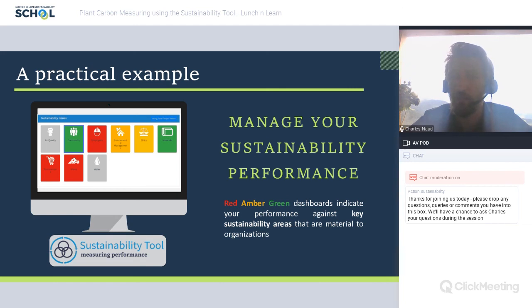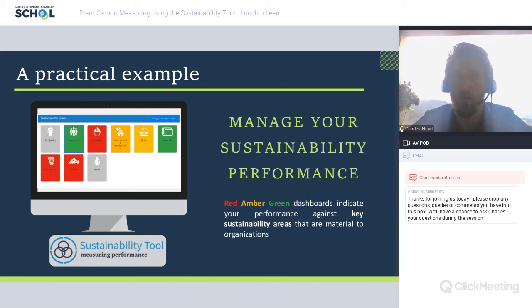We actually offer this tool to the supply chain partners and community for measuring, as a community, our carbon emissions. So I'll show you an example of that. The tool is a web-based software application. You can access it if you have a login.